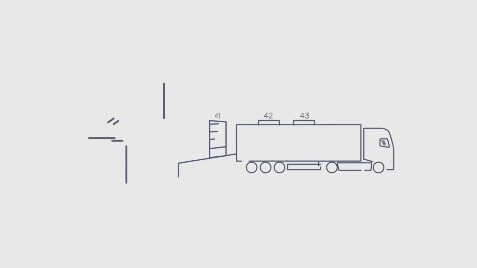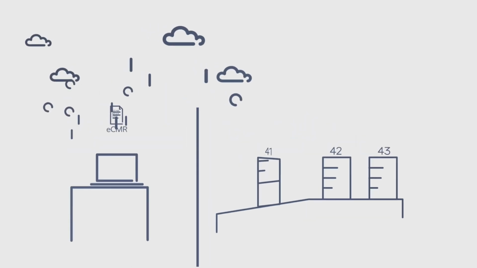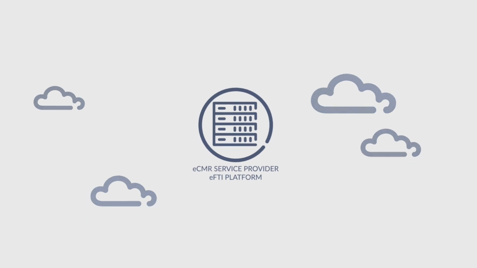The solution for ECMR cross-border exchange is indexing. Every shipment's electronic document is created by ECMR service provider, soon on the EFTI platform. The information about the original document, together with the truck and trailer number, is transmitted to the index registry.